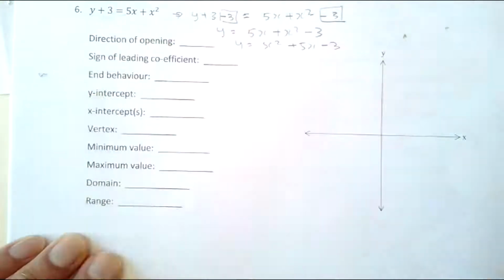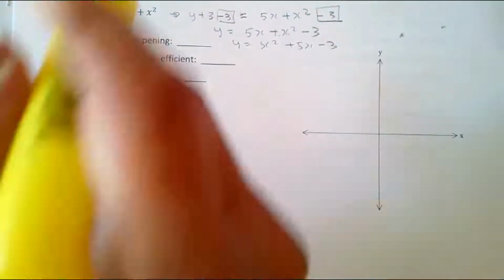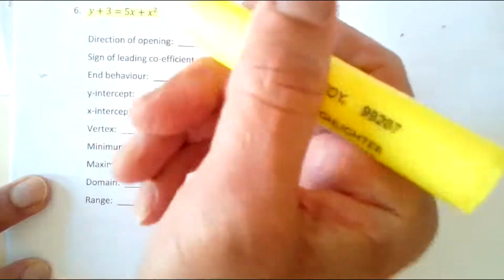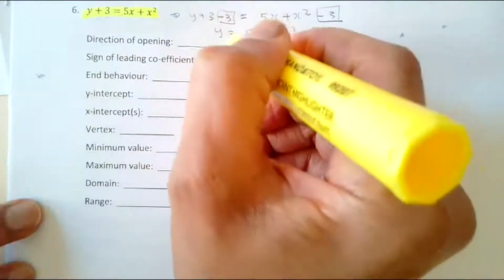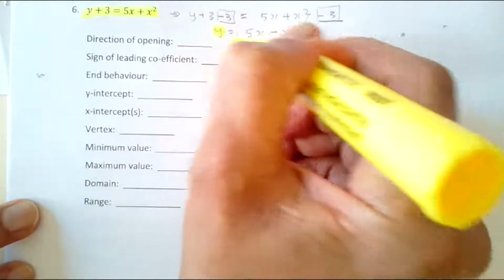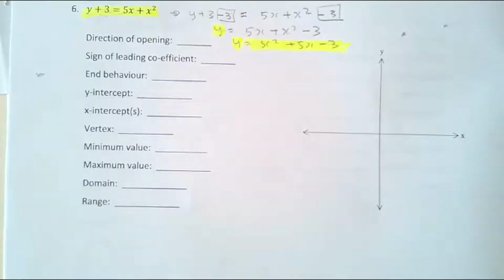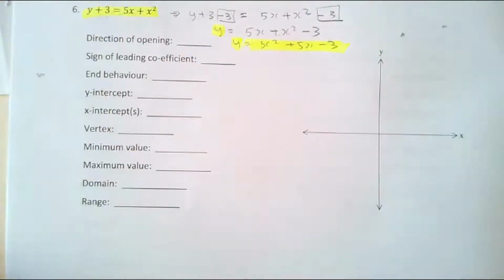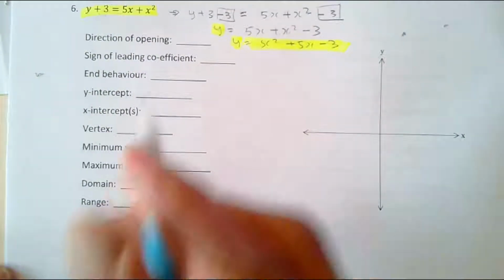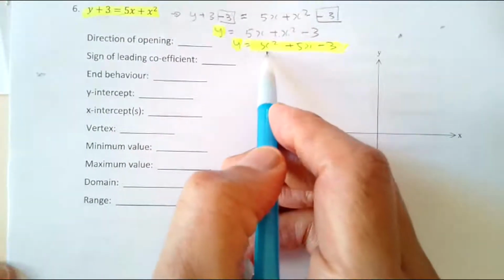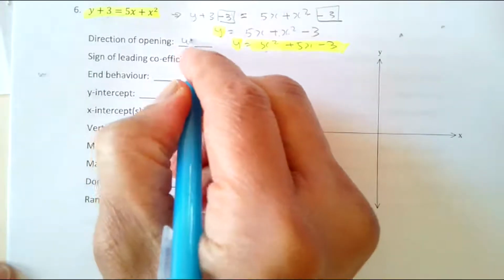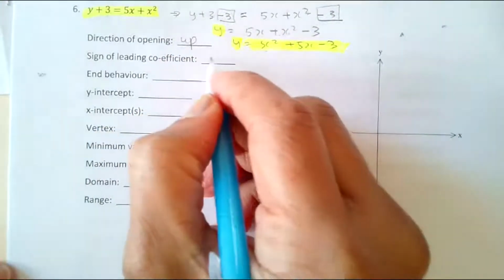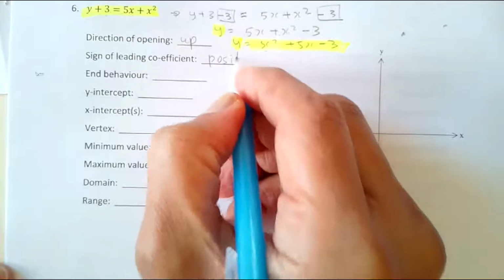So I'm changing this form, y plus 3, to isolate the y, because you can only enter it in this form in your graphing calculator. It will not work with y plus x. Once you have that, you can realize the direction is going up, the leading coefficient is positive.